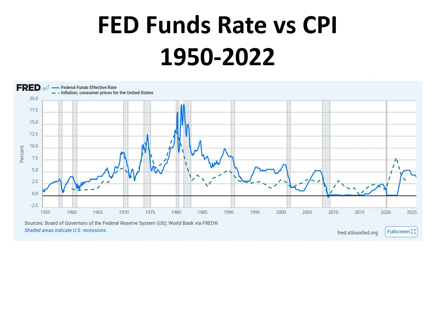Again, as expected, in response to this inflationary environment, the Fed raised the Fed funds rate from a post-pandemic low of near 0% to over 5% in just over 12 months to combat the 9% inflation in 2022.